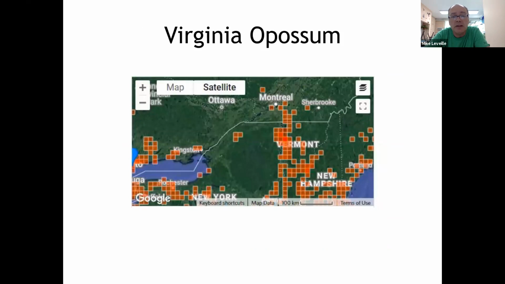There have been sightings. And if you click on some of the northern sightings, you'll notice very recent dates. And as you go down towards the United States, you can go back in time and see that they're actually moving north.